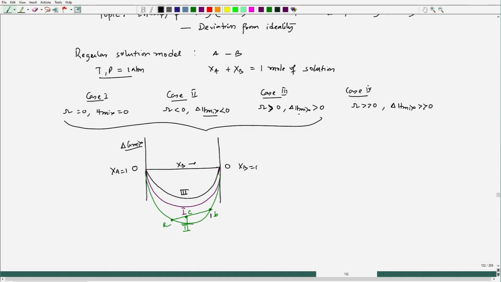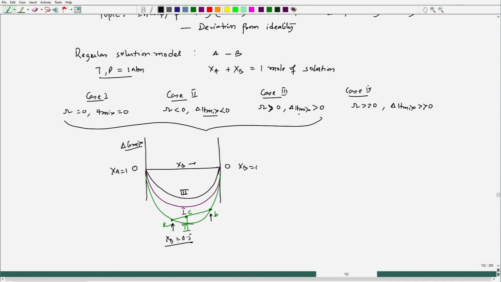So, if we mix the solution of composition B and the solution of composition A, they will mix spontaneously and form a single phase homogeneous solution, which will be decided by the minimum point on the delta G mix versus X B plot, and this composition would be X B equal to 0.5.